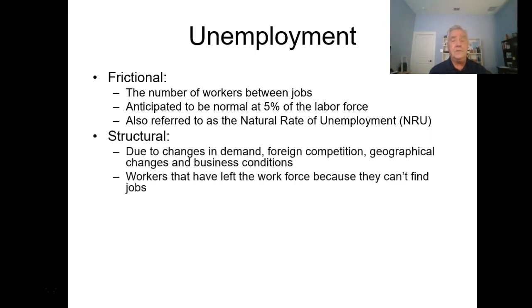Next is structural. This is the worst kind. This is the kind that occurs because of changes in demand. In other words, the demand gets less or gets reduced. Foreign competition causes jobs to move overseas, which we've seen to a large degree in the US in the last 10 to 15 years. Geographical changes, business conditions, all of those things lead to what's called structural unemployment. And structural unemployment is the worst kind.